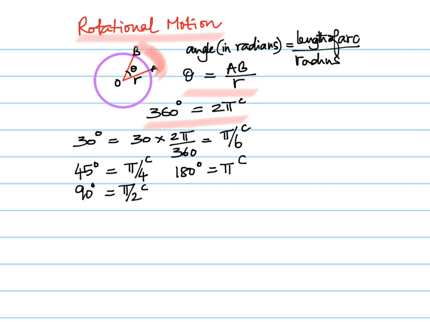Omega 2 is omega 1 plus alpha t. Okay, you have another equation that we call the king: one half a delta t squared, right? How would that one change?